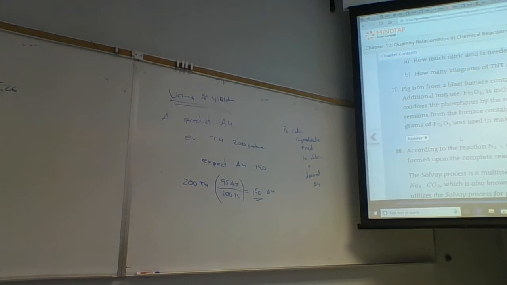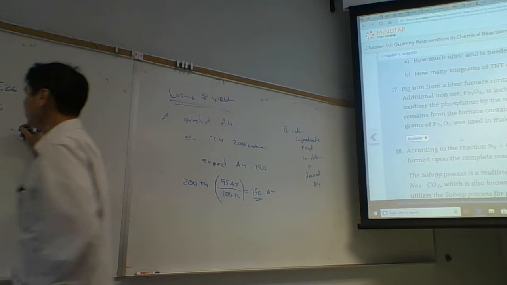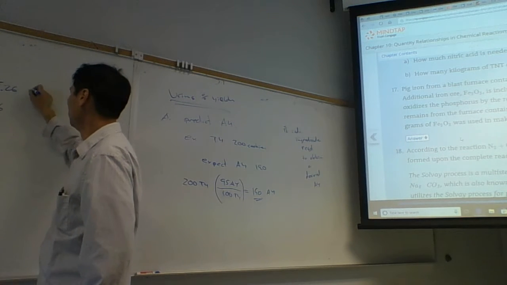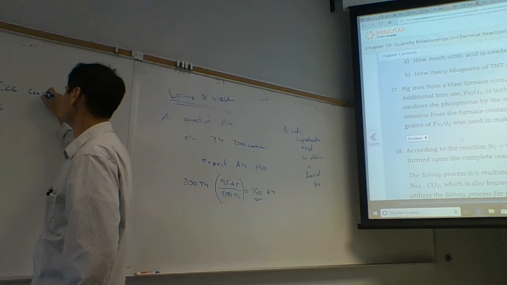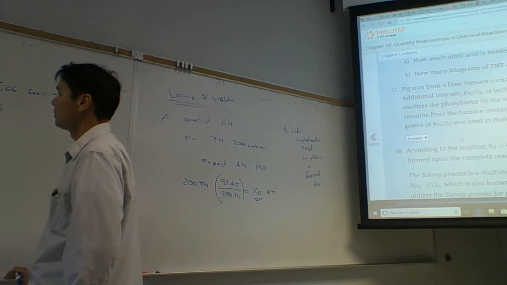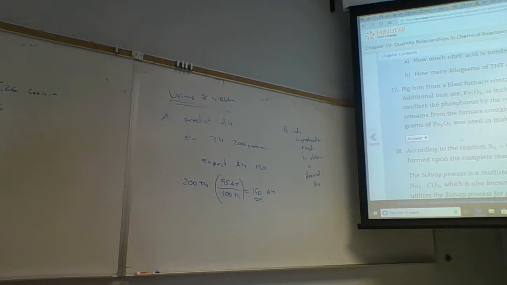Or if I'm going to buy it, I better buy 106 cookies in anticipation of losing 6. And so this would be the number I need. And so let's do examples of these 3 types of calculations.